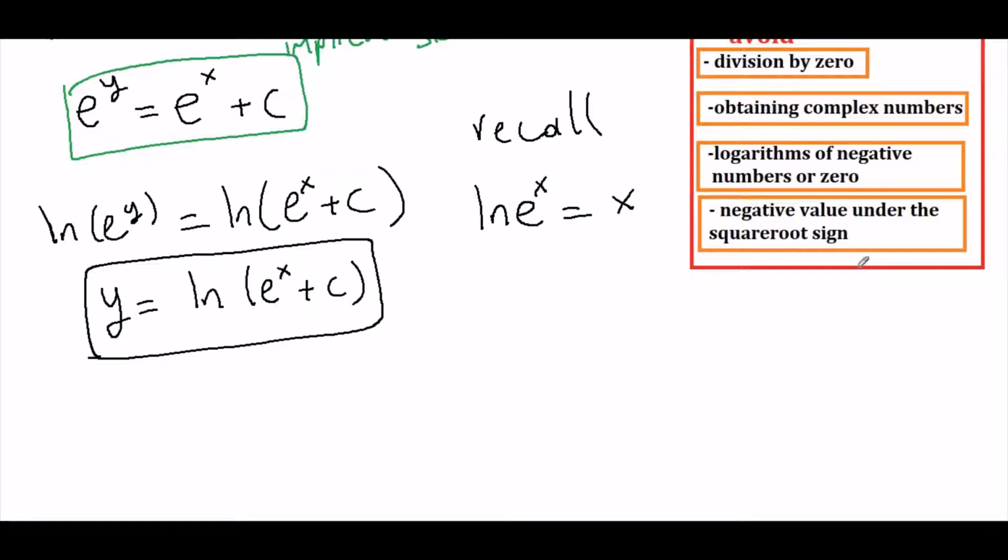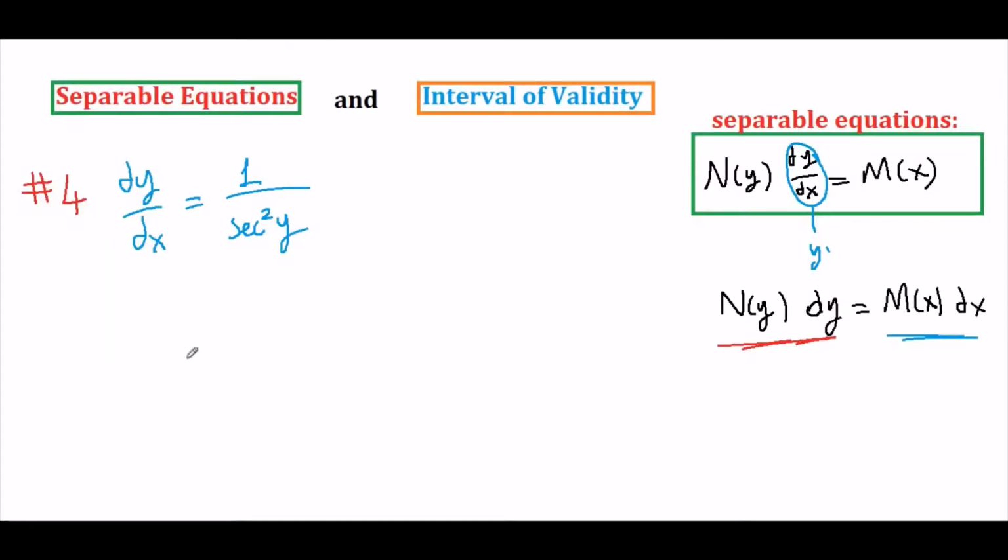So let's go to example 4. dy/dx is equal to 1 over secant squared of y. Here we see that the y variable is here, so we can directly cross multiply. So secant squared of y dy equals 1 dx.